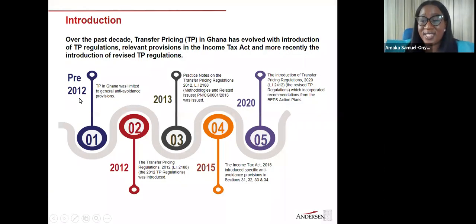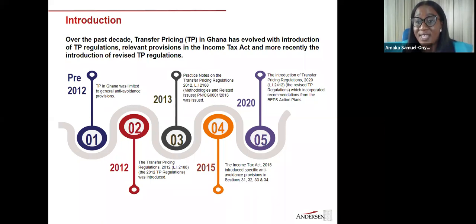So the transfer pricing regime in Ghana has evolved over the past decade. Prior to 2012, like other jurisdictions in Africa, Ghana had general anti-avoidance provisions within its laws. However, in 2012, the Ghanaian tax authorities introduced a transfer pricing regulation that provided specific guidelines on how to treat related party transactions. In 2013 as well, practice notes were issued to provide specific guidance with respect to methodologies.